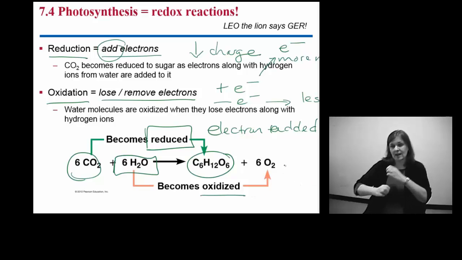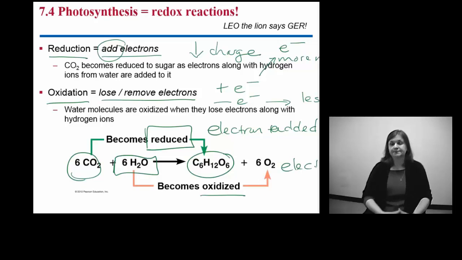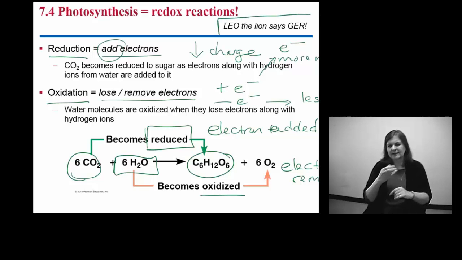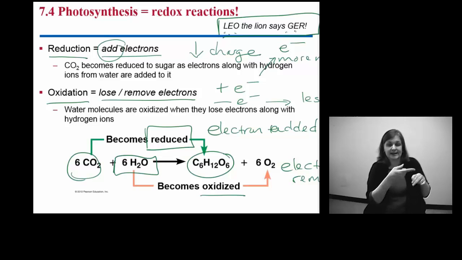Right, we took away electrons. The shortcut for this, remember, is the phrase Leo the lion goes grr. Leo, lose electrons, oxidize. Grr, gain electrons, reduced.